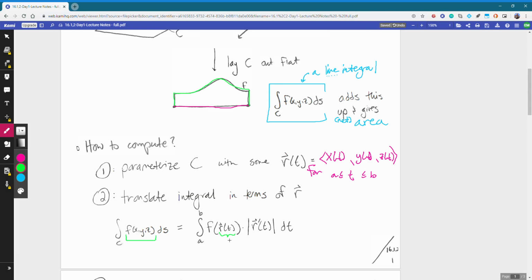This is a kind of shorthand notation. This just means we want to substitute x equals x of t, so we have some function in the x component from our parameterization that's going to replace x in our function. Similarly, we'll replace y with what y is in terms of our parameterization, and z with what z is in terms of our parameterization.